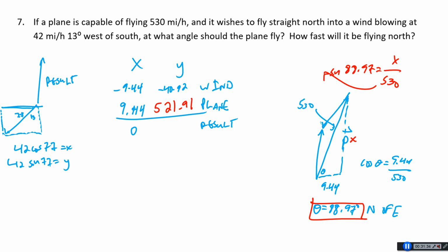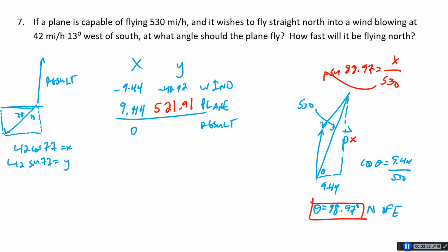And then if we want to actually find how fast it's flying north, I think this problem is actually wrong in the solutions. I'm going to grab my calculator and figure this out. I think that I answered with 521.91 in the solutions, which is actually the vertical component of the plane. But then the wind is counteracting that. So we have to figure out what the actual vertical result is.